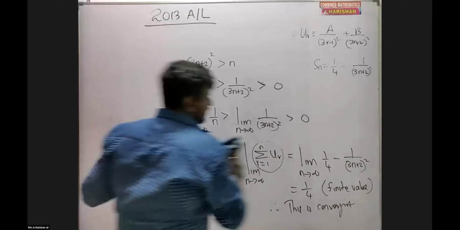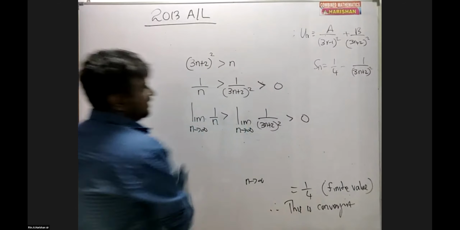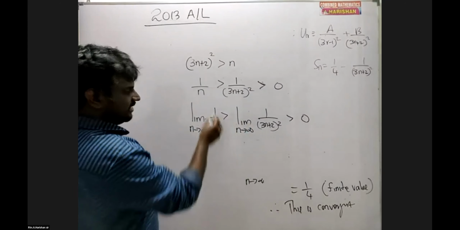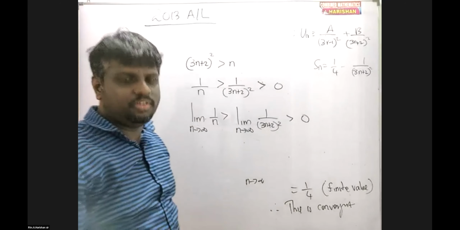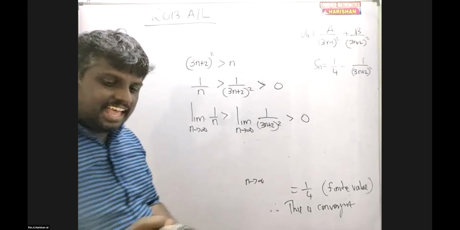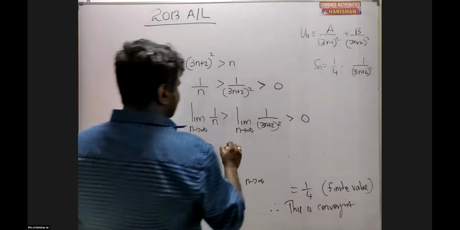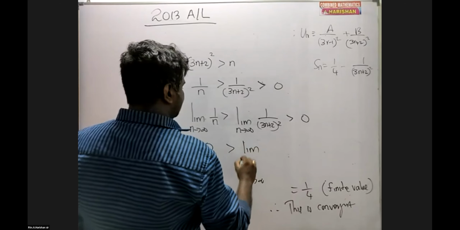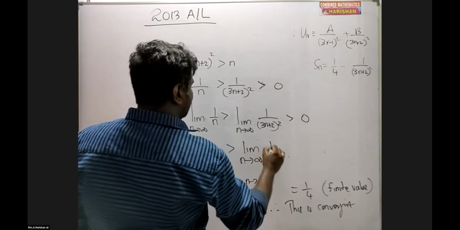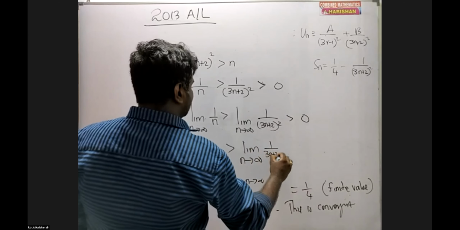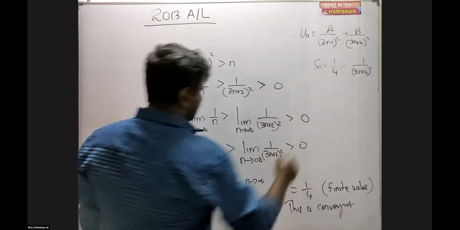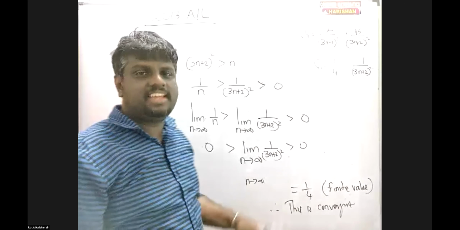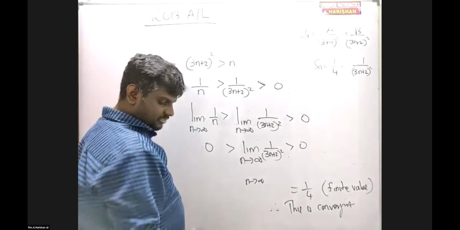Now you know that this is 0. This is the only thing we know. This is greater than 0 and less than something that goes to 0, which means that is 0.